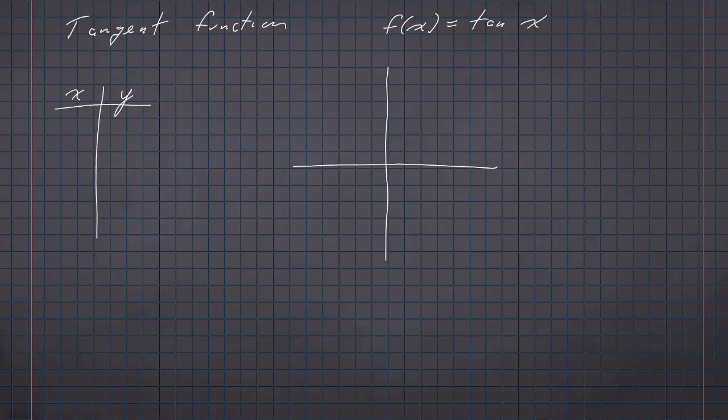The tangent function, you probably remember being graphed on a truncated interval. So we'll go with negative pi over 2, negative pi over 4, 0, pi over 4, and pi over 2, which is 2 pi over 4. And the graph has a vertical asymptote at pi over 2 and at negative pi over 2.